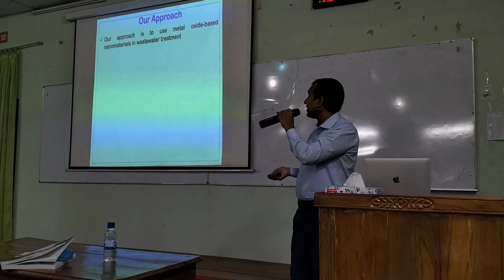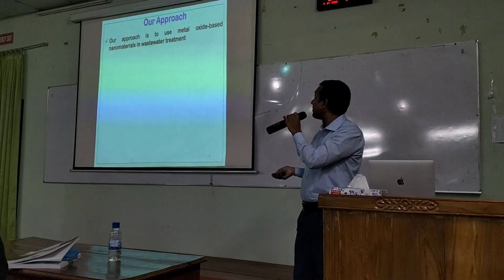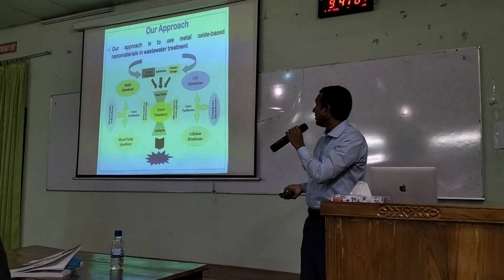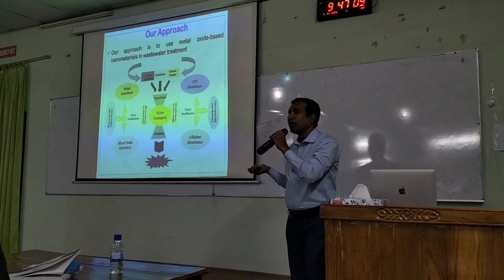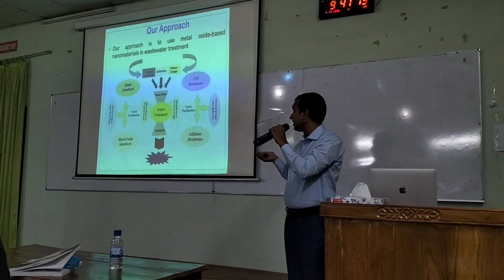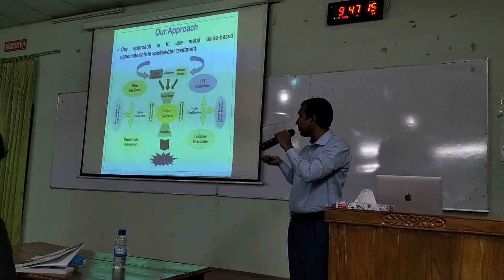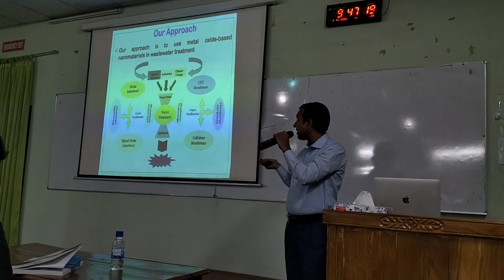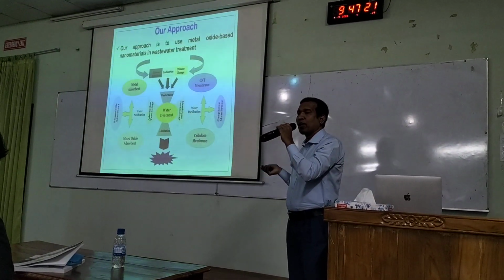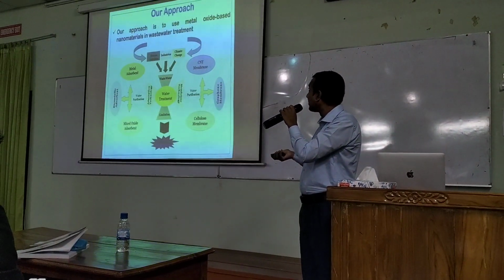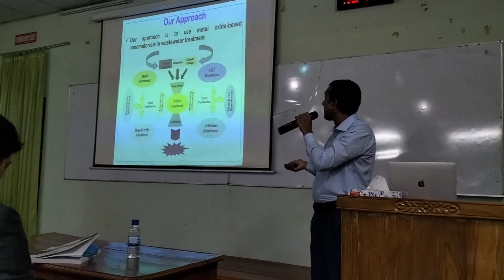So our approach is to use metal oxide based nanomaterials in wastewater treatment. We use zero valent iron nanomaterials, metal oxide nanomaterials, mixed oxide nanomaterials, and bimetallic nanomaterials to adsorb various types of pollutants, primarily organic dyes.